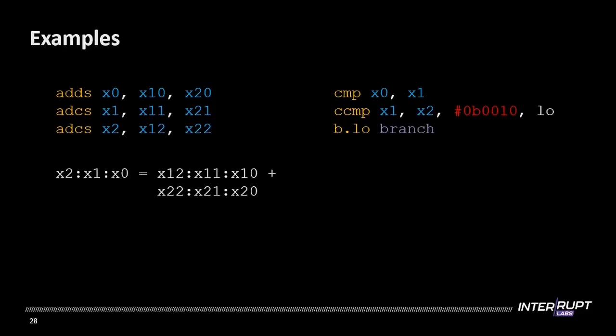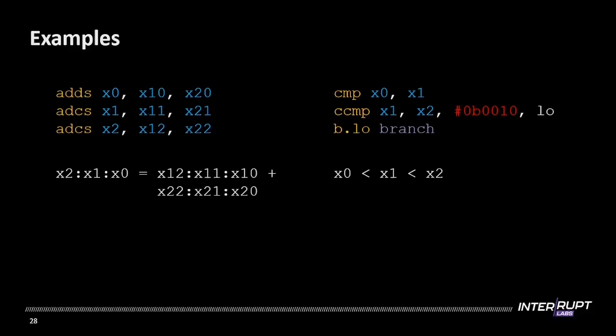Now, for the second example, again, take a minute and see if you can work out what this is doing. So it's basically performing this check, whether x1 is greater than x0 and less than x2. It does this by first comparing x0 and x1, and then conditionally comparing.